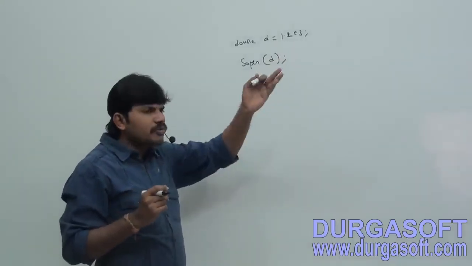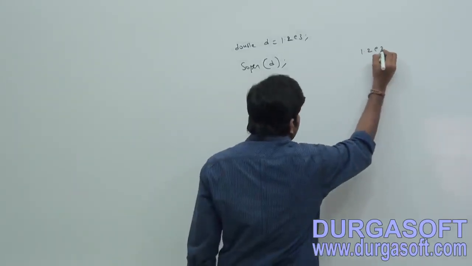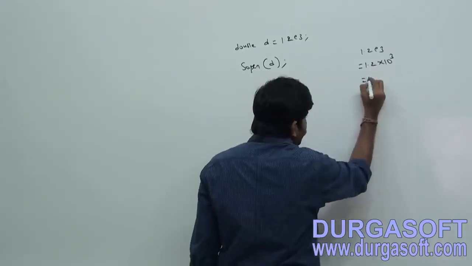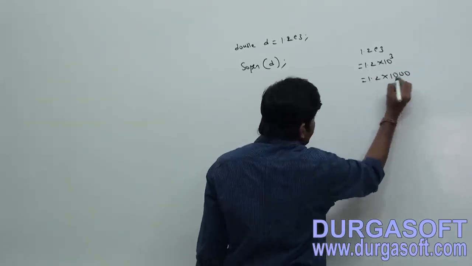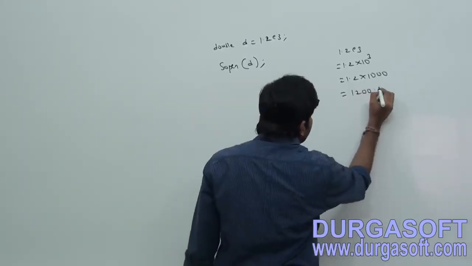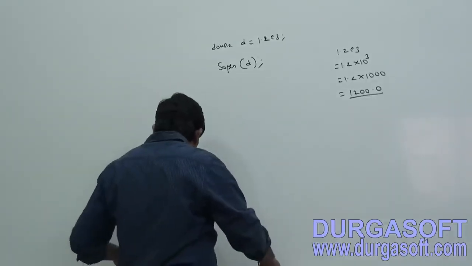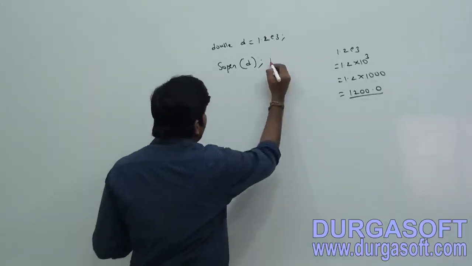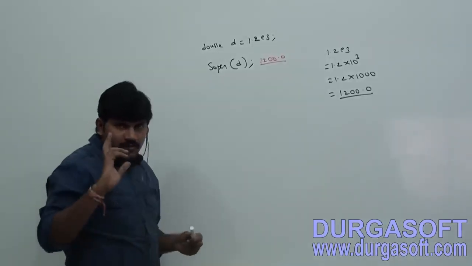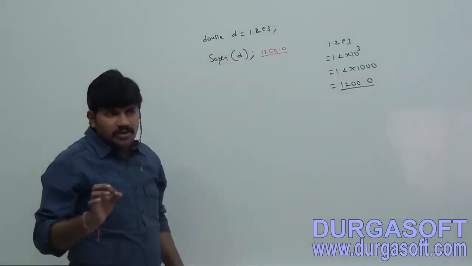Sir, what does 1.2e3 mean? 1.2e3 is nothing but 1.2 into 10 cube, 1.2 into 1000, so 1200.0. Regarding System.out.println of d, what answer by default are we going to get? 1200.0. Make sure we can specify a floating point literal even in exponential form.